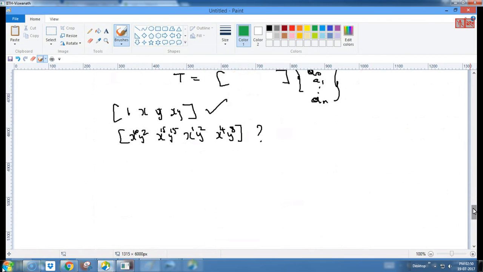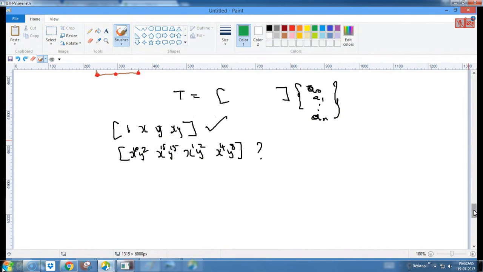So the complete thing suggests that for a 4-noded quad, we have seen that the basis is 1, x, y, and xy.